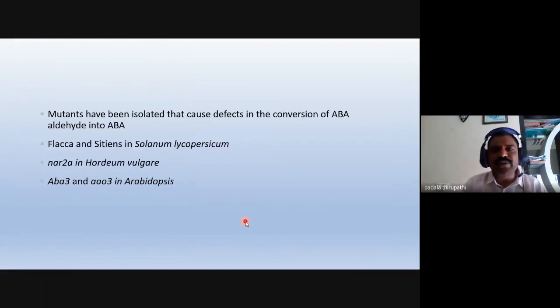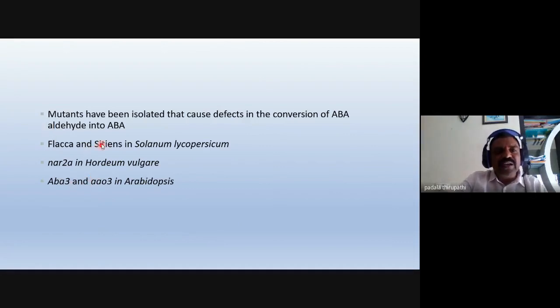Then mutants have been isolated that cause defects in the conversion of abscisic aldehyde into ABA: flacca and sitiens in Solanum lycopersicum, Nar2A in Hordeum vulgare, and ABA3 and AAO3 in Arabidopsis. So these are the genes related to abscisic acid.